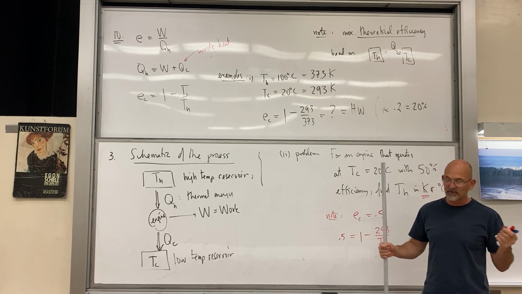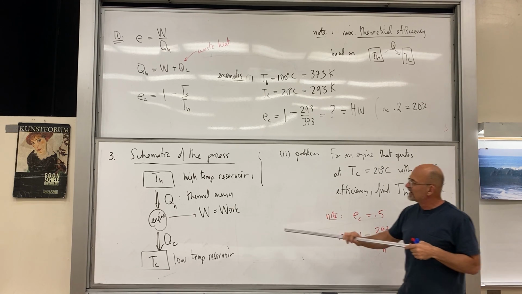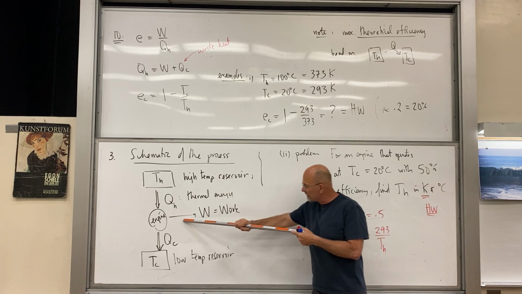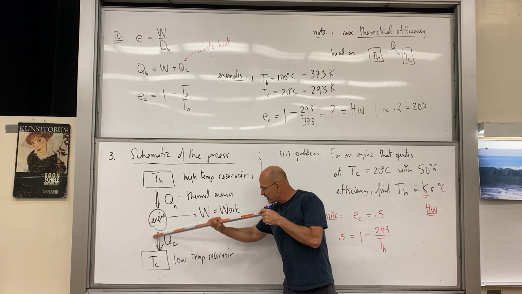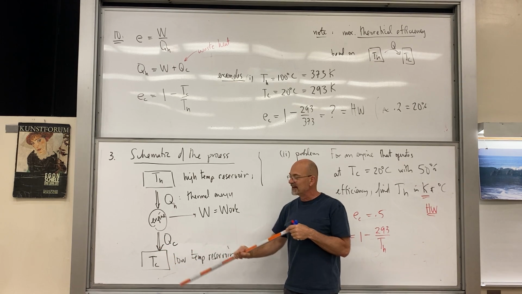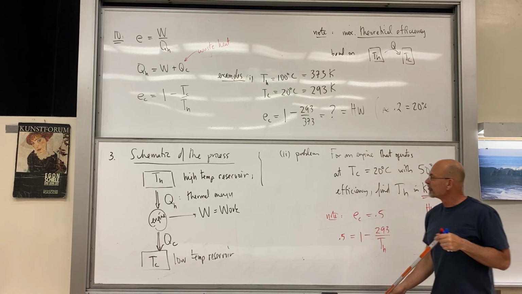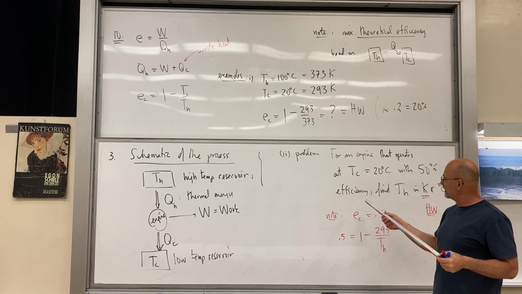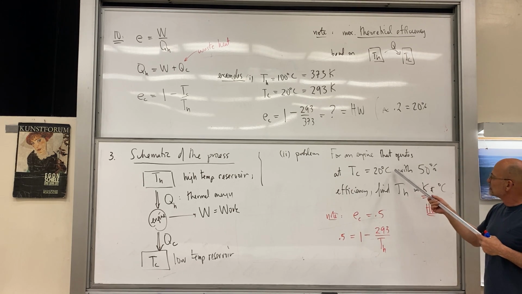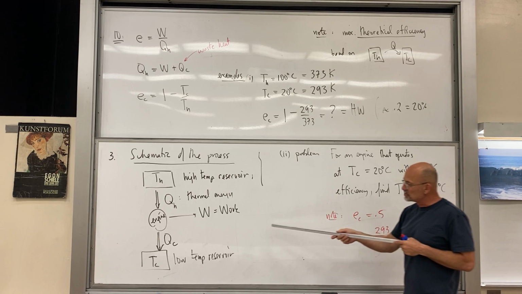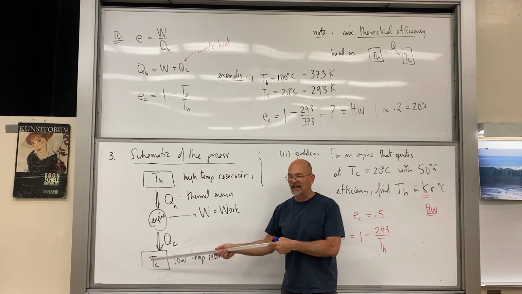Say 45% is good. So let's say 50% is good. Then you have 1,000 megawatts driving your civilization here, but you're giving off 1,000 megawatts of heat. It has to be cooled somehow. They will use rivers. They'll use river water sometimes to cool off this machine, to get rid of all that waste heat.